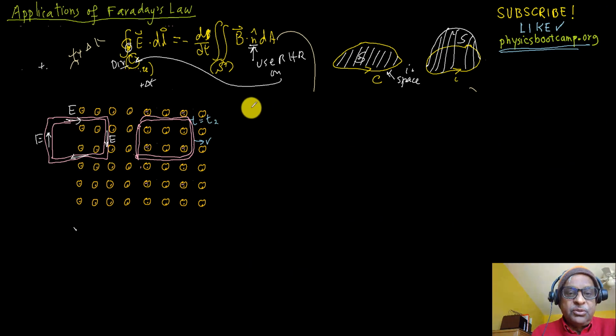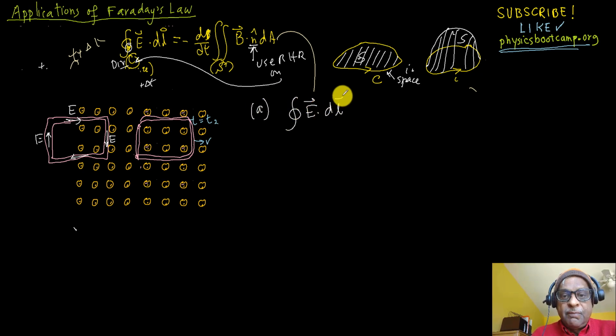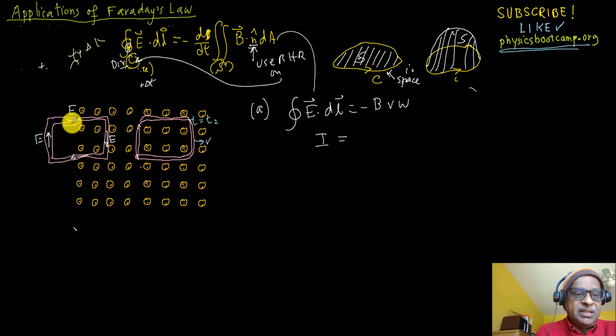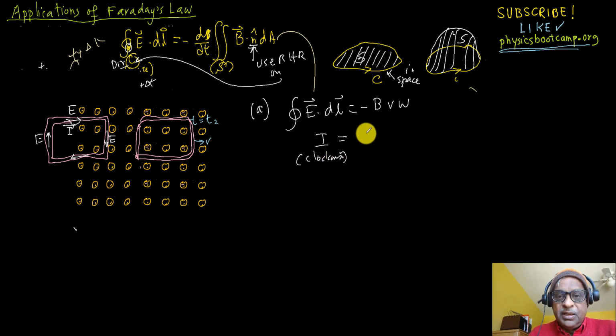To summarize, for part A, we found that the integral of E dot dl equals minus BVW, and we found the current flowing in that direction, clockwise, equal to BVW divided by R.